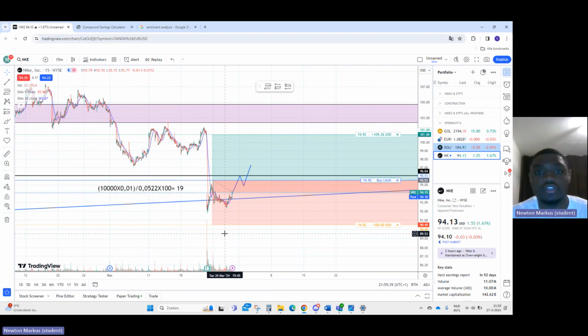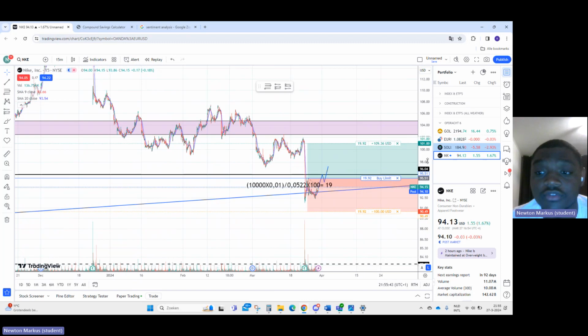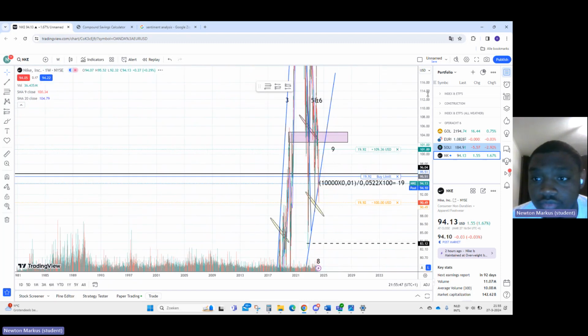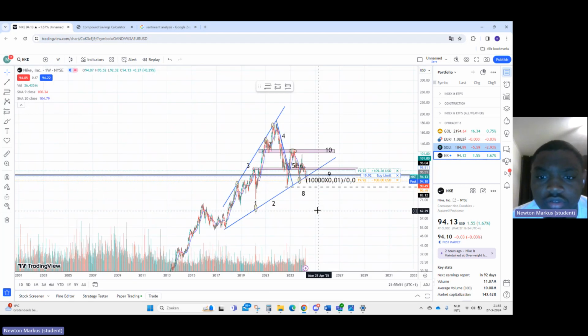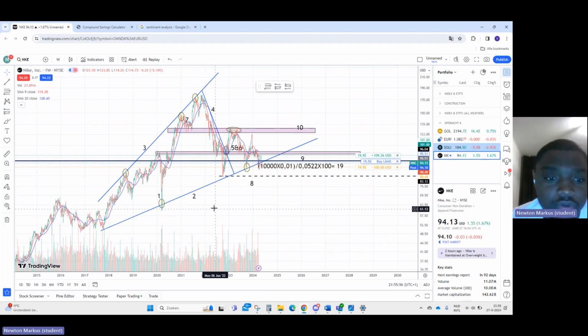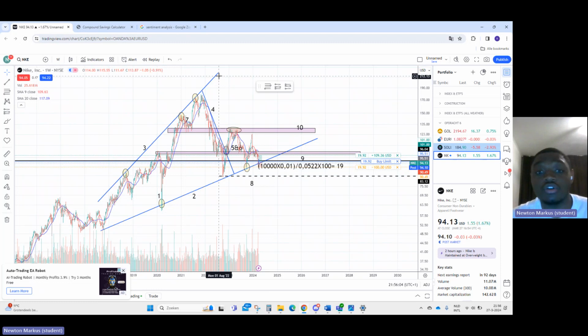So this is my technical analysis for the chart of Nike. And yeah, for a quick summary, the trend is going up because the lows on the weekly chart are going up and the highs of the weekly chart also go up.